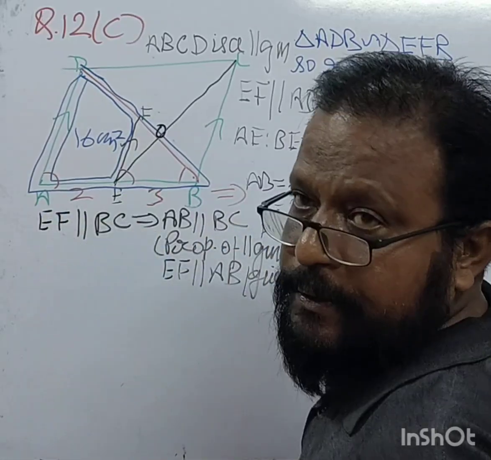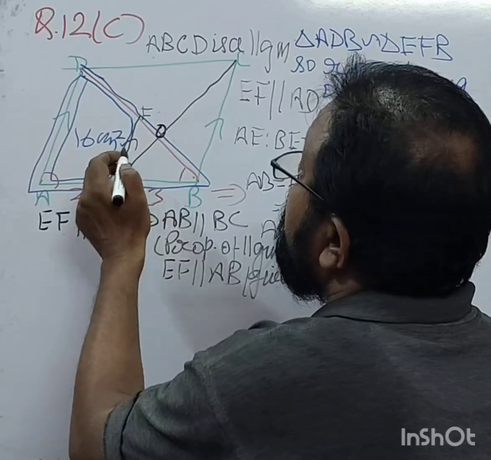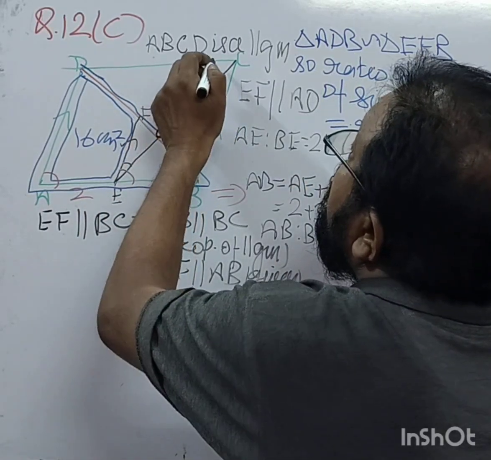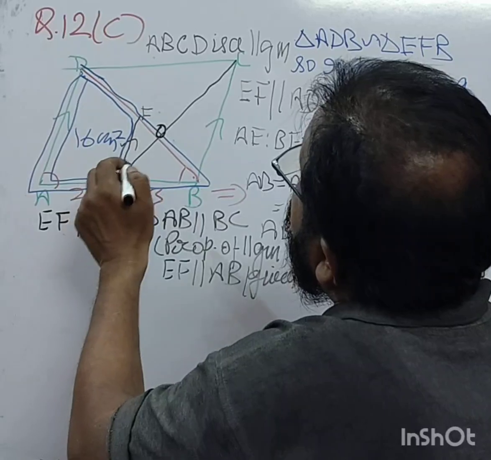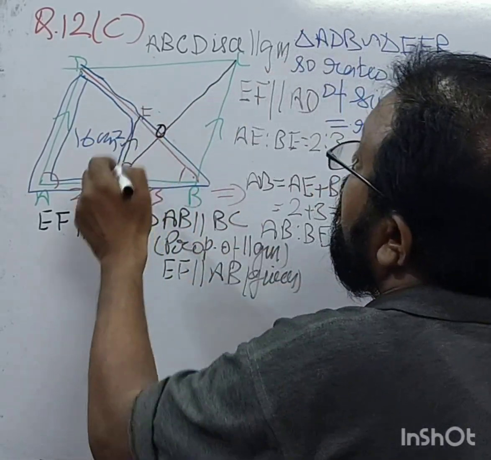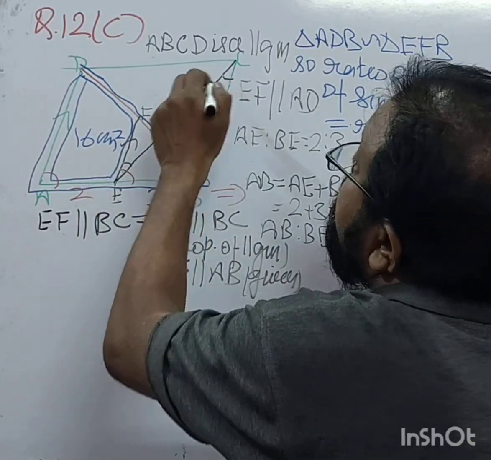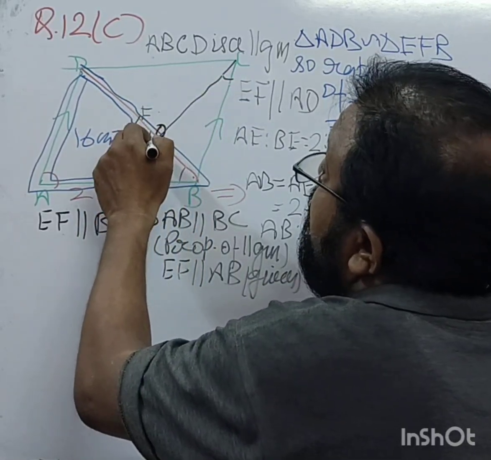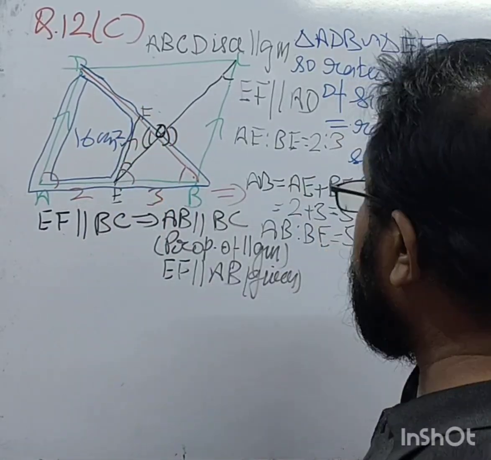So this angle and this angle, they are parallel. Yeah, this angle. Alternate interior angles. And this angle is vertically opposite.